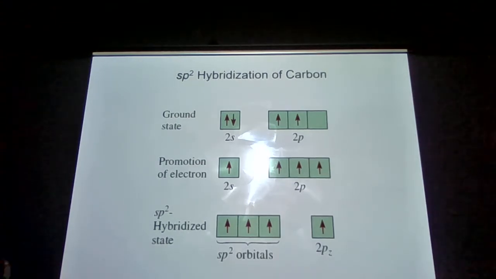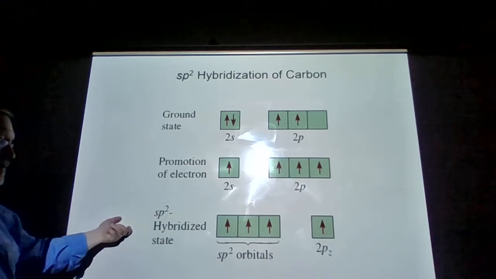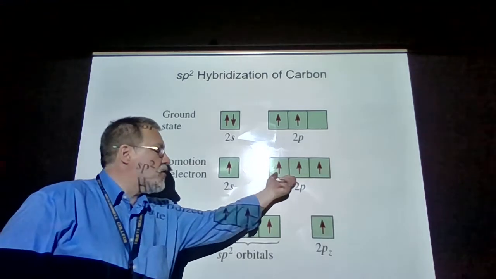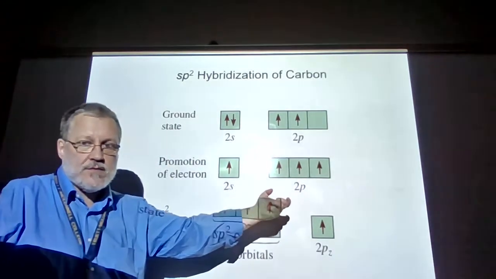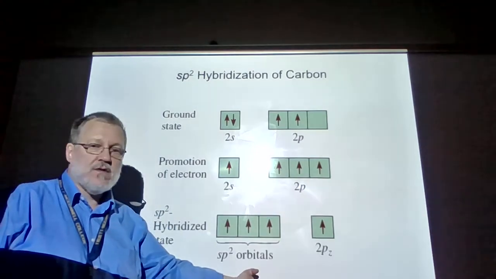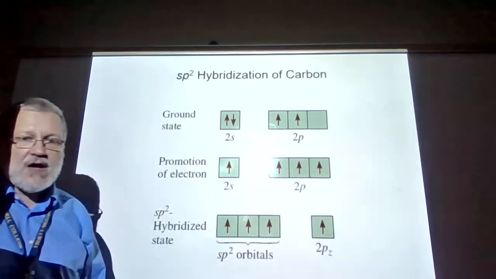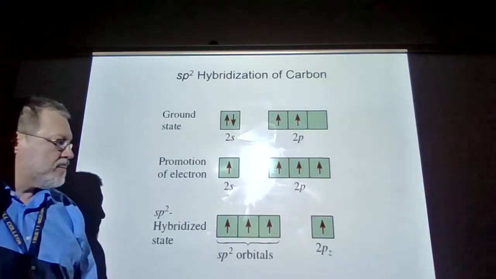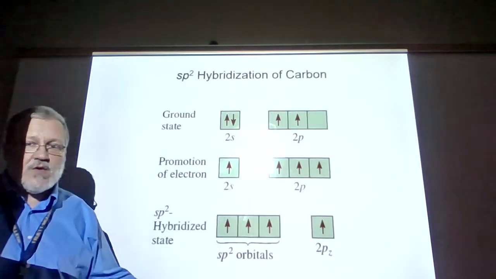So if we have an sp2 hybridized carbon, the s and 2 of the 3 p-type orbitals hybridize. 1 does not. Arbitrarily, we have chosen the pz. From an energy standpoint, we don't know which one it is.